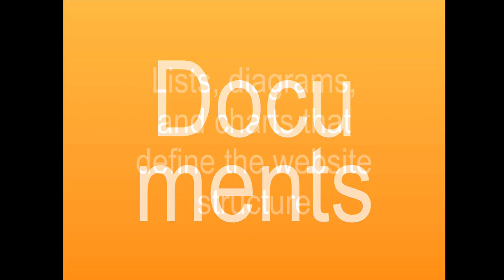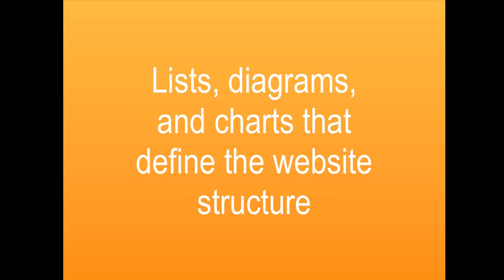As far as documents, we have a whole plethora of them, but mainly they're all lists, diagrams, and charts that help us see and visualize the website before we even begin designing, writing, or anything like that. So I'll go through some of the documents that we go over.